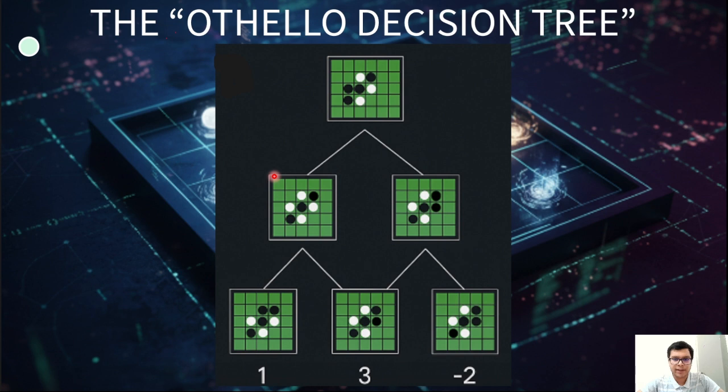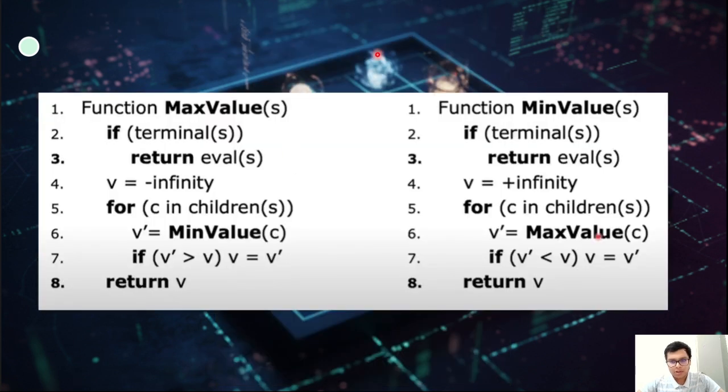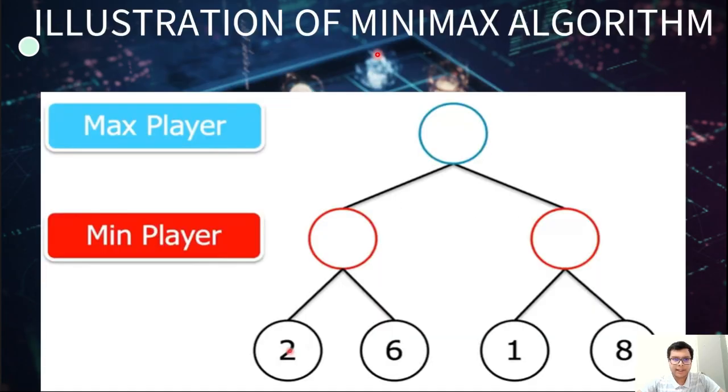We can move ahead. Now this is the pseudocode for our Minimax algorithm, and let me explain it through an illustration, and then we'll go back to the pseudocode to investigate how it works. Firstly, okay, let's say this is a hypothetical game situation and you have to choose between these two moves.